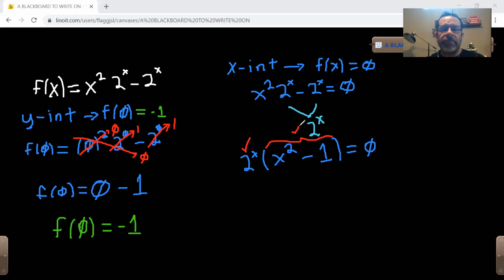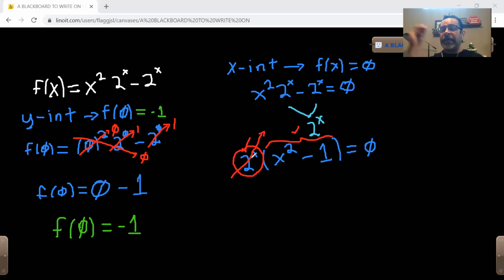Okay. And so for the first factor, we can actually eliminate it. Why can we eliminate it? Because there aren't going to be any values that are going to make this 0.